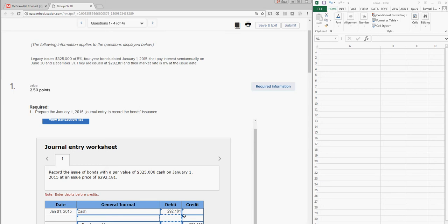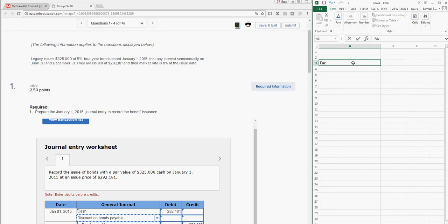Again, if we're going to issue for less than face value, then we're going to be issuing at a discount. It's quite obvious that we need a debit here in order to make this journal entry straight. So we know this is going to be the discount on bonds payable. We just need to calculate the difference.